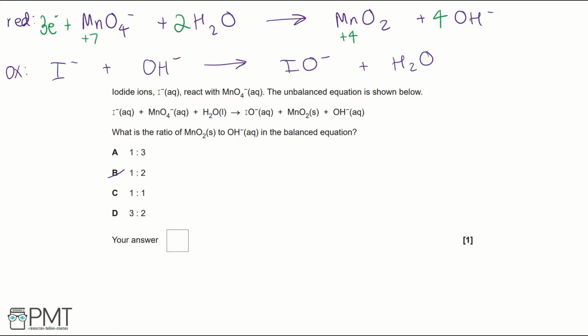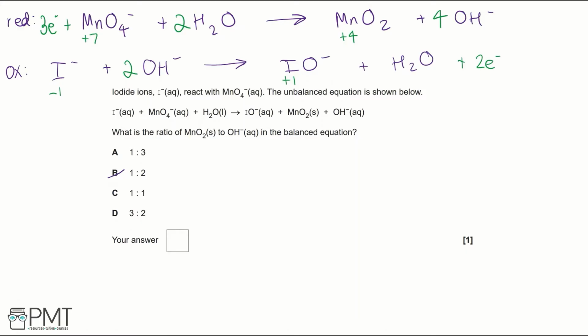And this is an oxidation because we're going from a -1 oxidation state to a +1 oxidation state. So we're oxidizing, we are losing electrons. So balancing this equation, we put a 2 in front of our OH minus, and we need to add 2 electrons to balance the charge overall in this half equation.